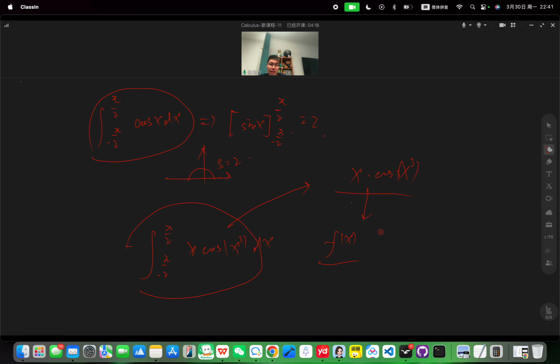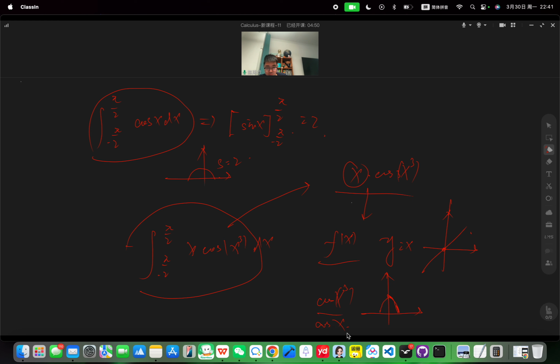When we see this as a function, we know that y equals x is an odd function. And cosine x cubed is an even function, similar to cosine x.